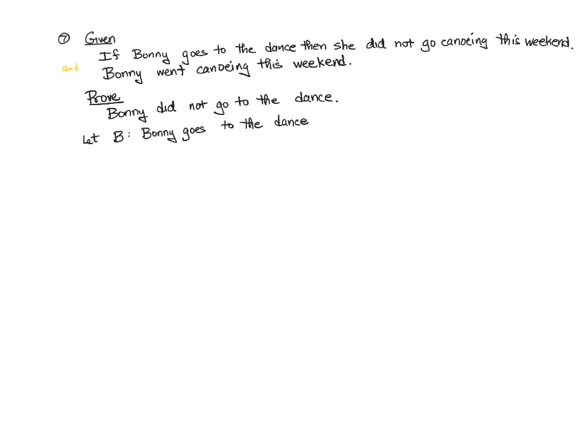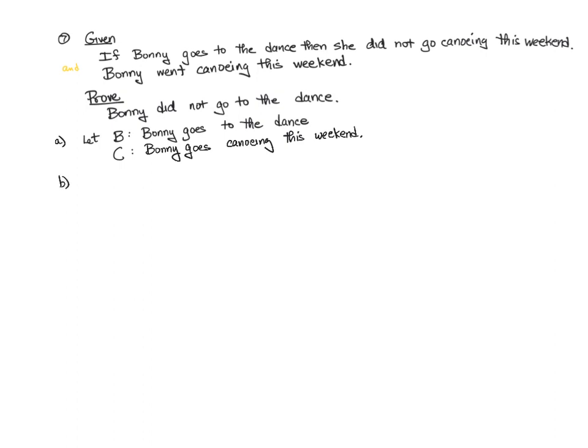And let C represent that she goes canoeing this weekend. And once we represent each simple statement, we translate the given using the proper connectives. So let's do that. Okay, so this is step 1.